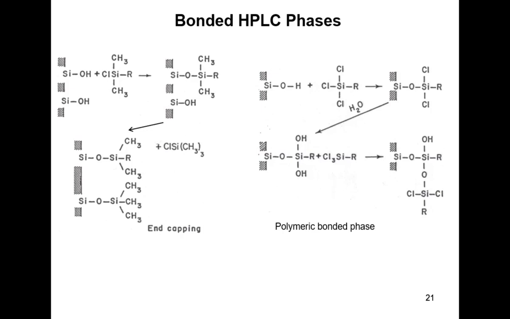So the first step, an oxygen atom on the silica replaces one of the chlorines, and you end up with this intermediate where we've added the extra silicon with the desired alkyl group R, but we've still got chlorines there, so it can react further. So we do another step, we replace the chlorine with OH groups, and we repeat the process. So we put in more chlorosilane reagent, so we're now forming these branched chains carrying the modification that we want, the R group.